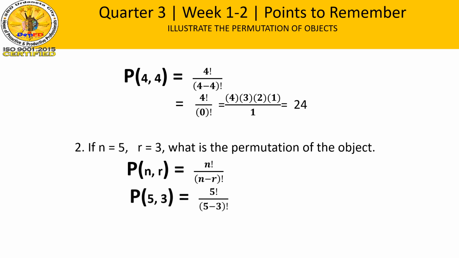So, substituting the values of n and r, we have 5 factorial divided by the quantity 5 minus 3 factorial, which is equal to 5 factorial divided by 2 factorial, and 5 factorial is equal to 5 times 4 times 3 times 2 times 1 divided by 2 times 1, which is equal to 60.